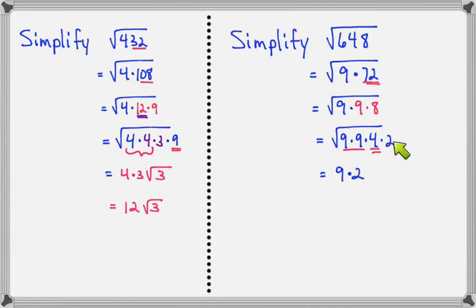And this 2 here will stay under the radical. And so we need to combine our 9 times 2 back together. And we're going to have 18 times the square root of 2. Take your calculator and verify that square root of 648 is equal in value to 18 times the square root of 2.